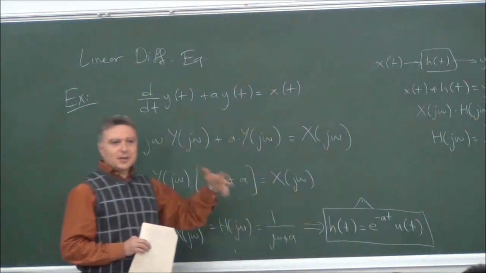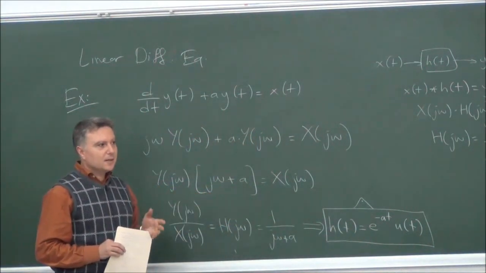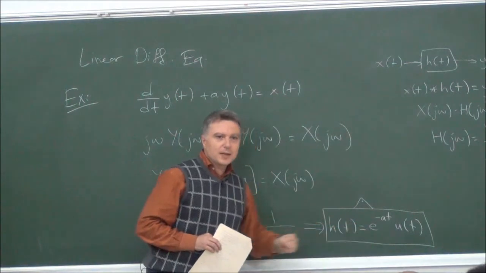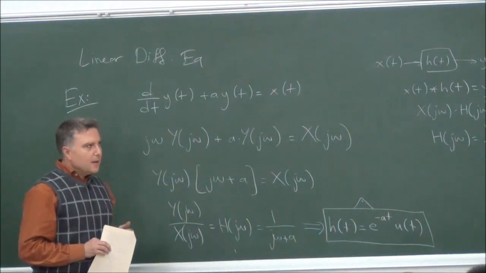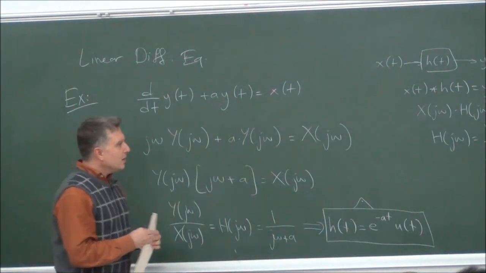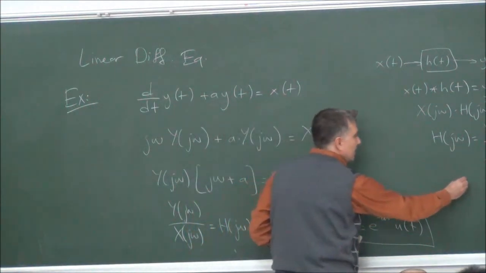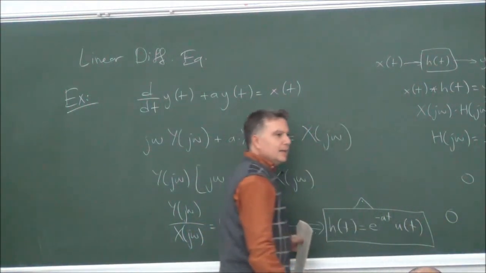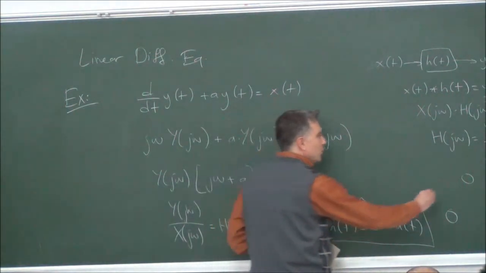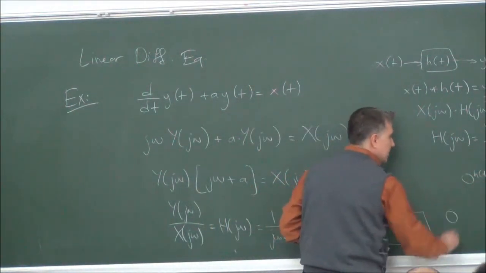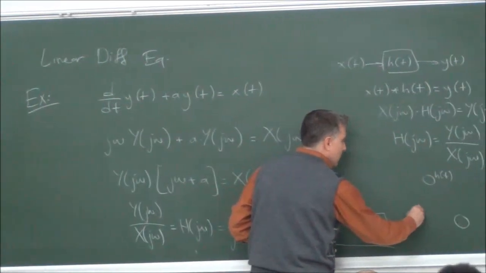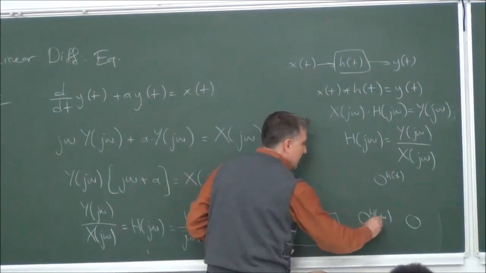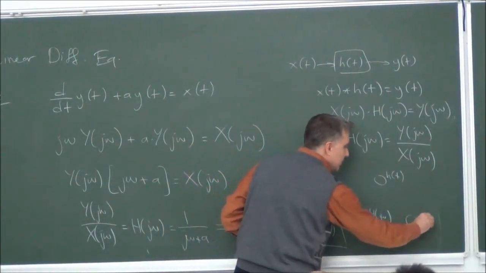If it's third order, then you will have three exponential terms like this one. So we have a three-way link. The first one is the impulse response, the second one is the frequency response, and the third one is the differential equation.